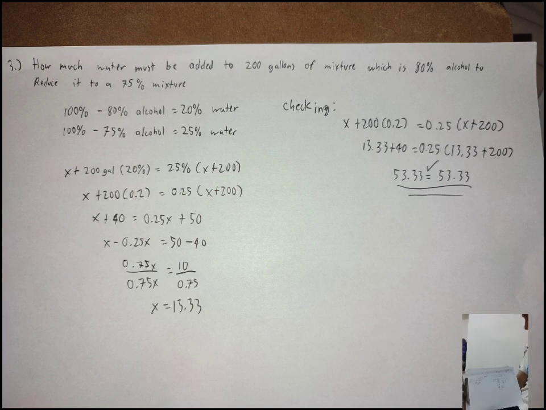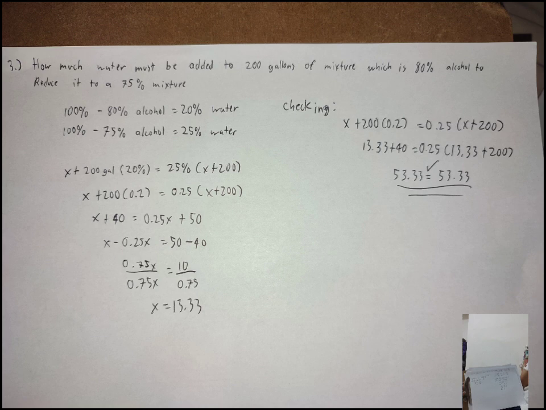Here in question number 3, the question is: how much water must be added to 200 gallons of mixture which is 80% alcohol to reduce it to a 75% mixture? So 100% minus 80% alcohol gives 20% water. And 100% minus 75% alcohol gives 25% water.